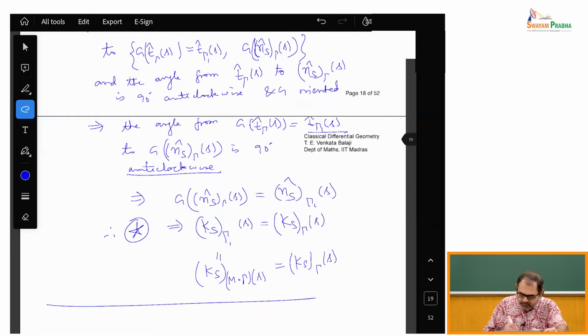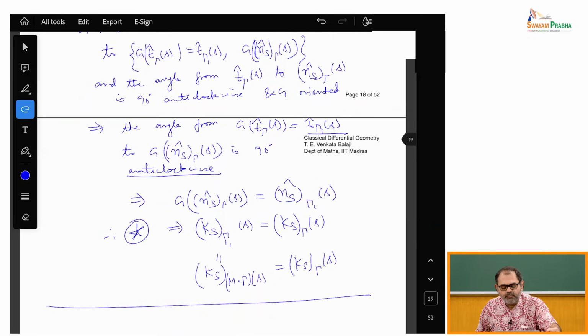So therefore you see, if you move a curve by a rigid motion, then the signed curvatures are the same.